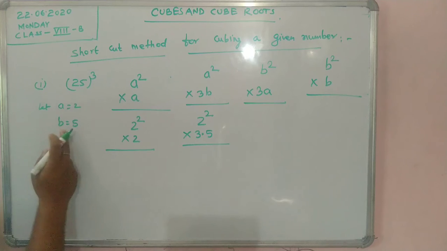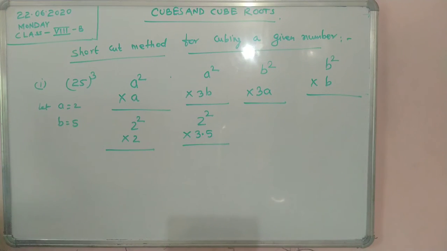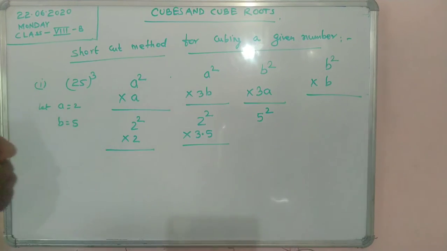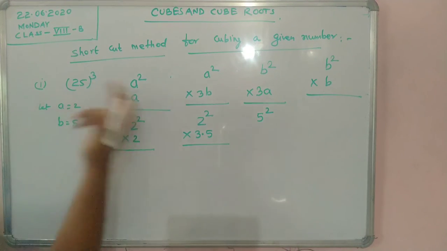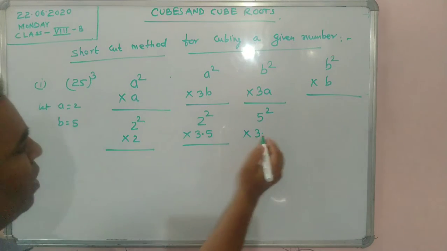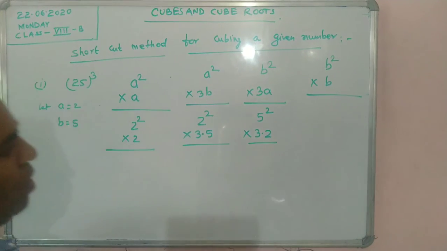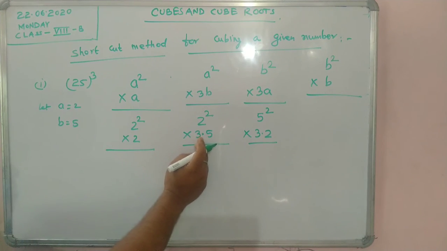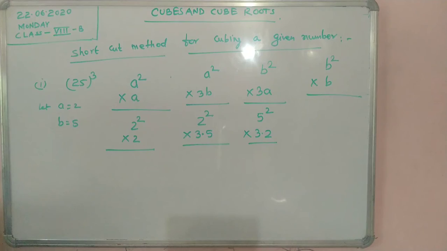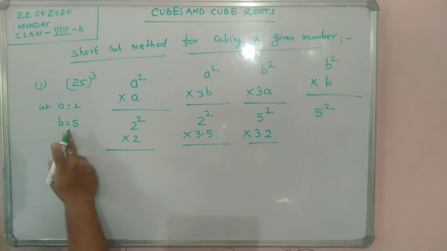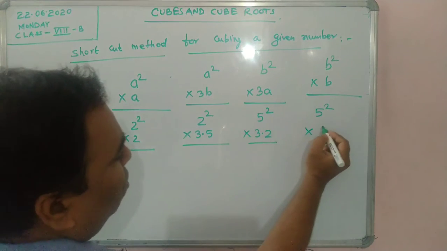Then b square, b is 5, so 5 square into 3a, that means into 3 into 2, as a is 2. This dot represents multiplication. Now b square, that means 5 square into b, that means into 5.